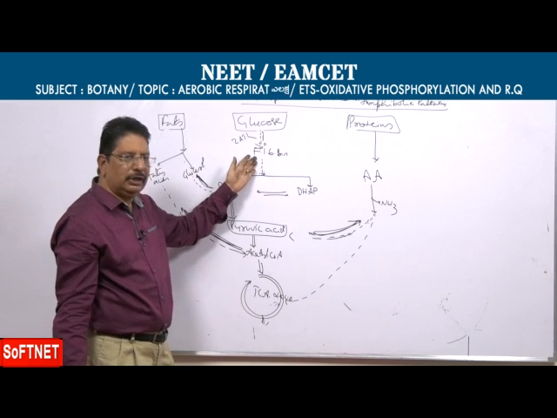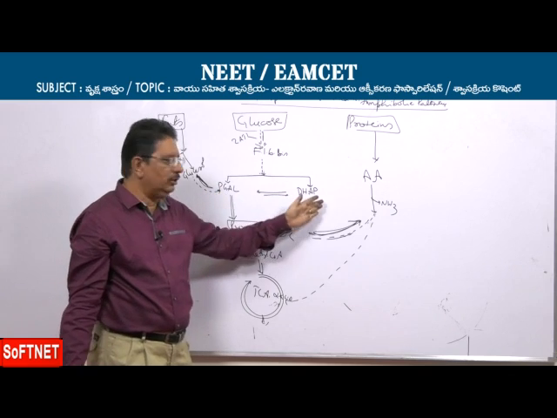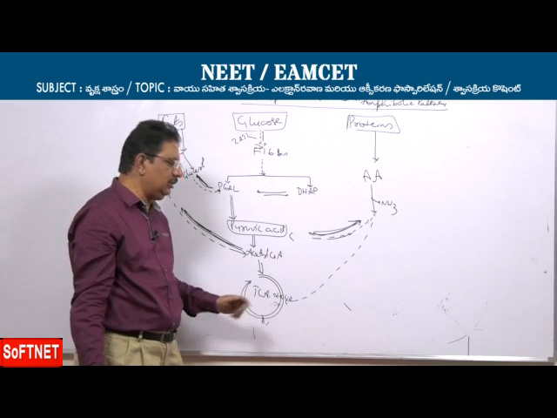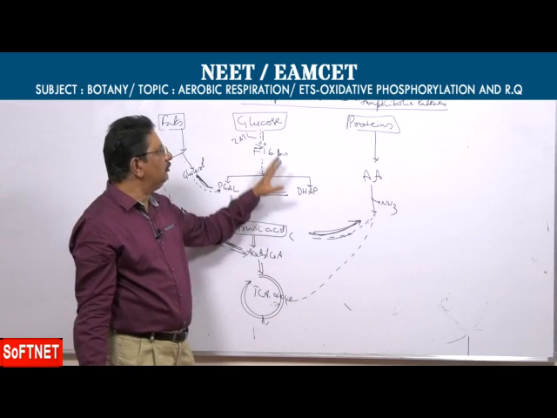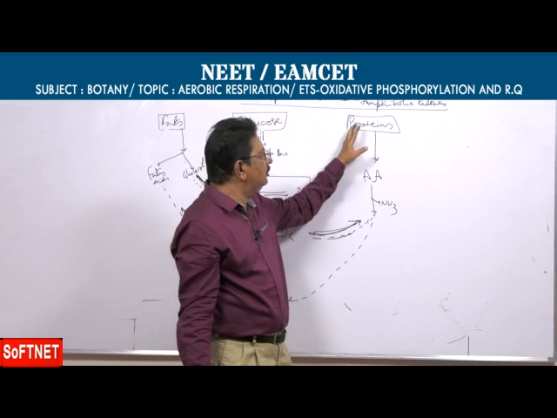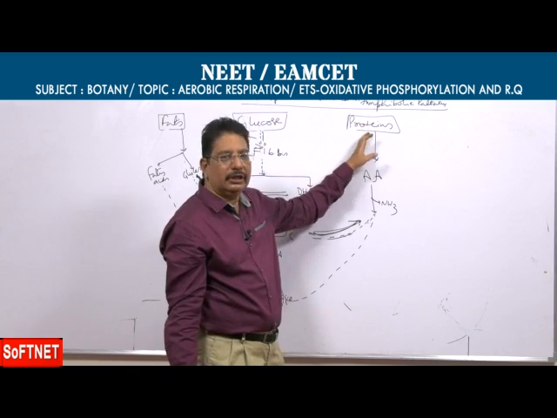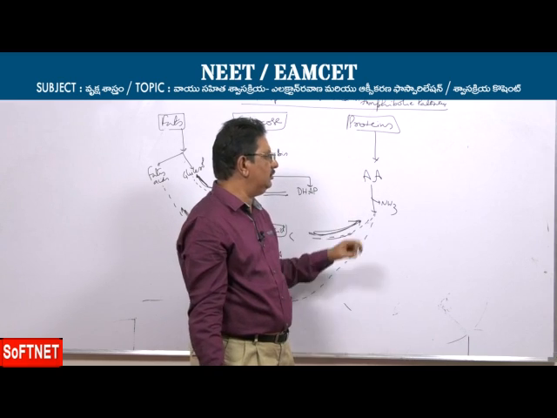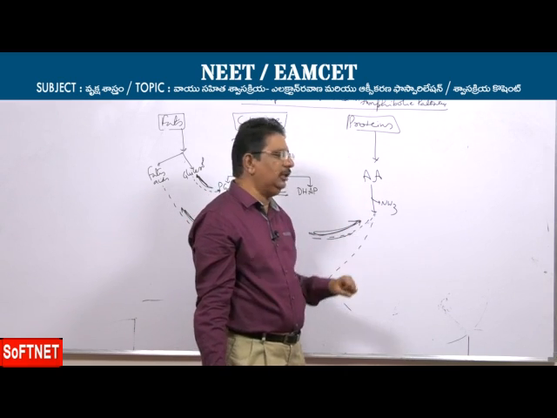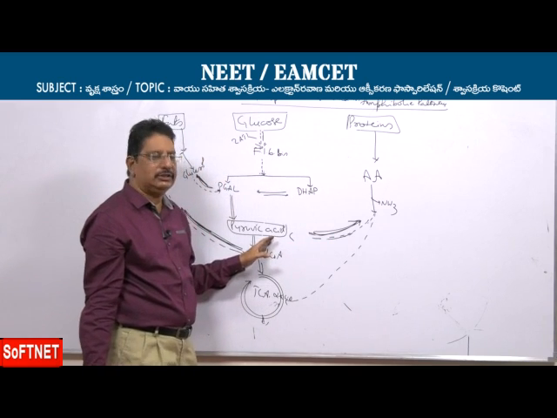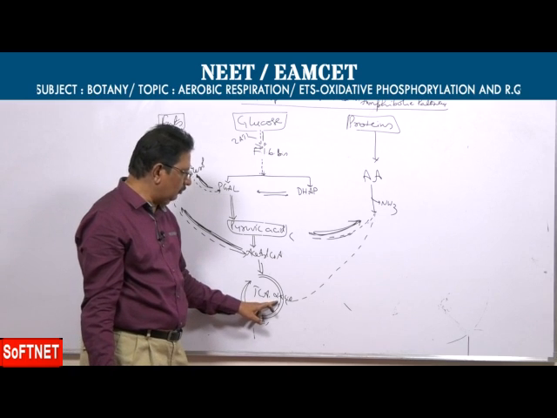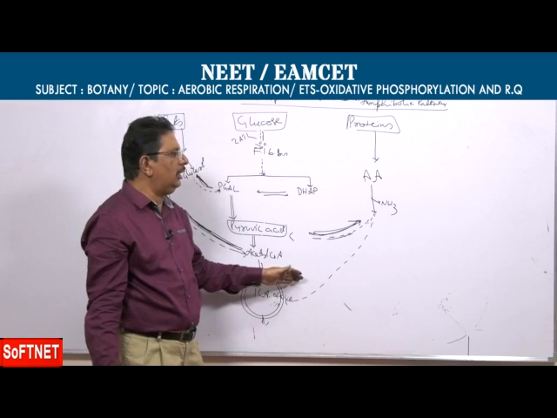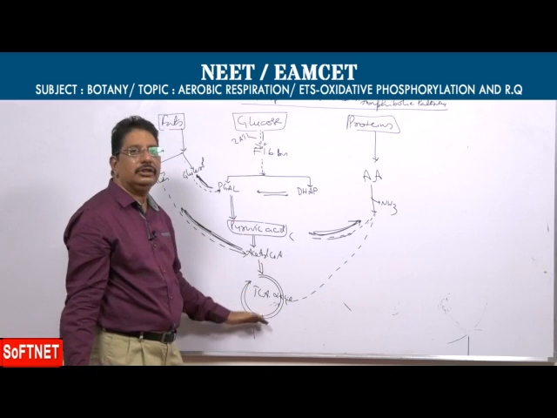So, glucose, fructose 1,6-bisphosphate broken into PGAL and DHAP, later pyruvic acid, acetyl coenzyme A and TCA cycle. And also if proteins are involved, proteins act as a respiratory substrate, but they cannot directly enter into respiration. They are degraded first into amino acids, which lose ammonia, deamination, and are converted into acids like either pyruvic acid or alpha-keto glutaric acid. So, from proteins via amino acids and keto acid, the respiration starts.